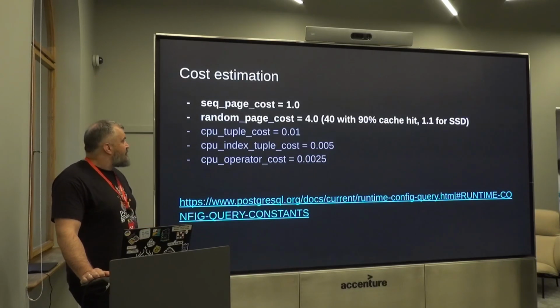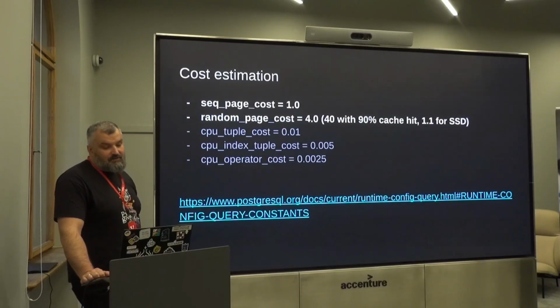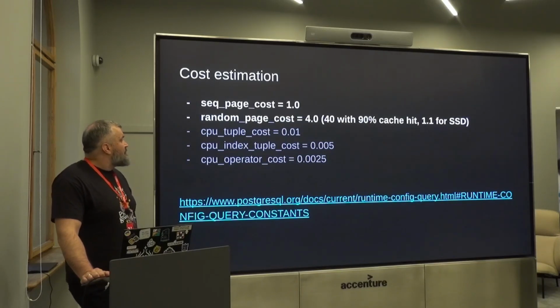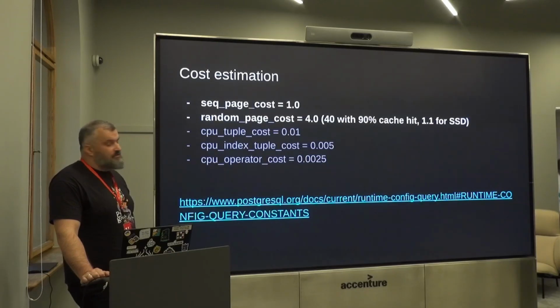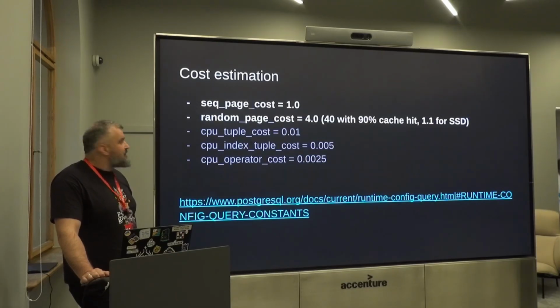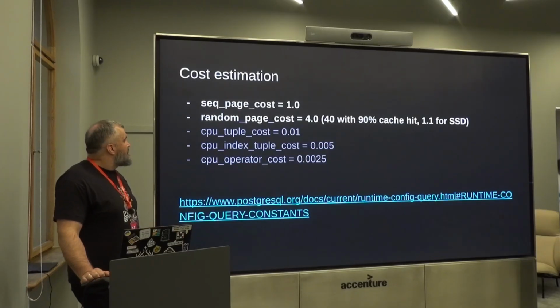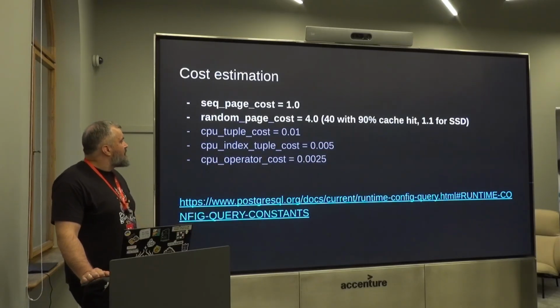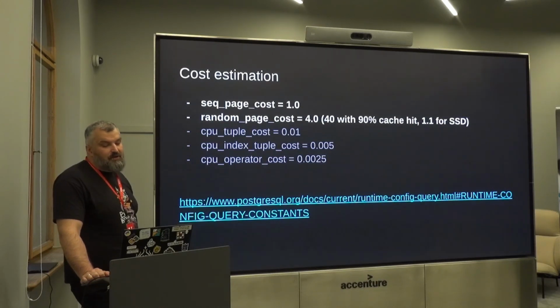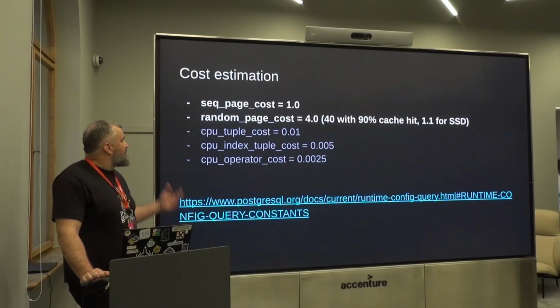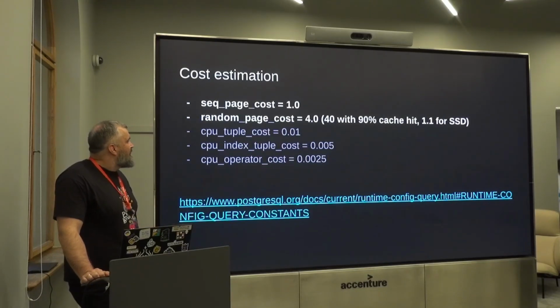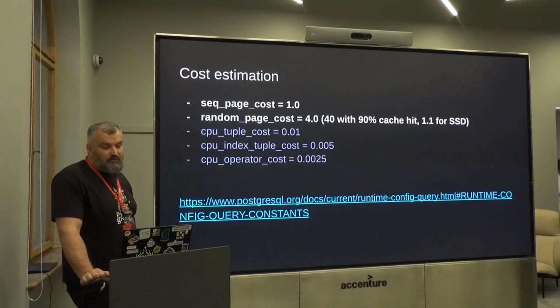For Postgres, I would say there are two significant parameters. There's the cost of reading a single page from the disk in a sequential manner, one by one. And the second one is how much it costs to read a random page. The sequential cost is typically 1, and the default value for the random page cost is 4.